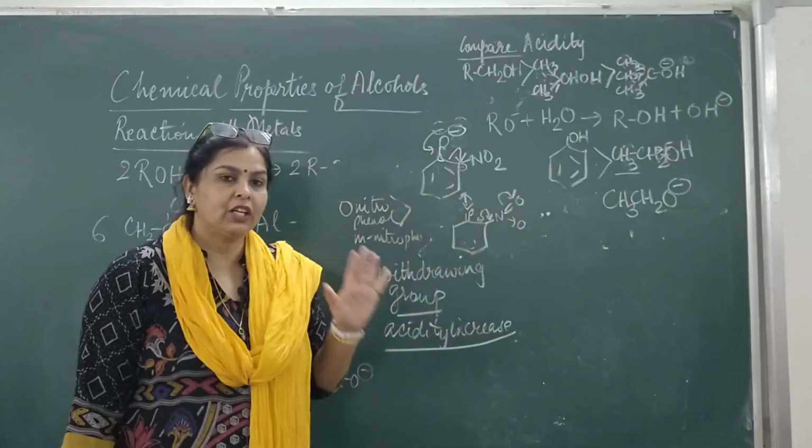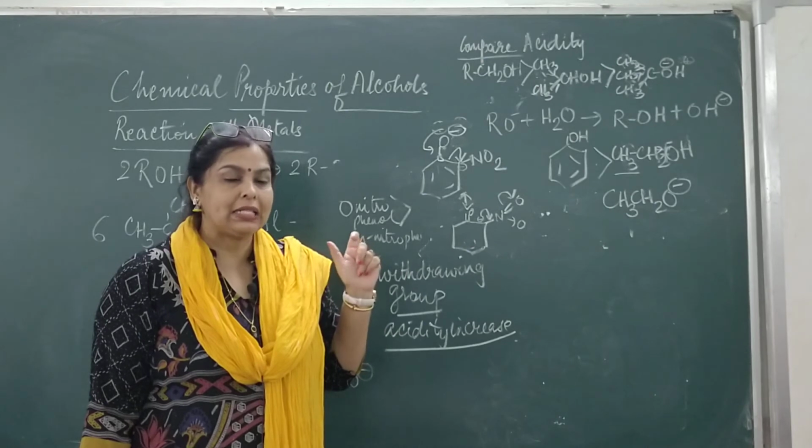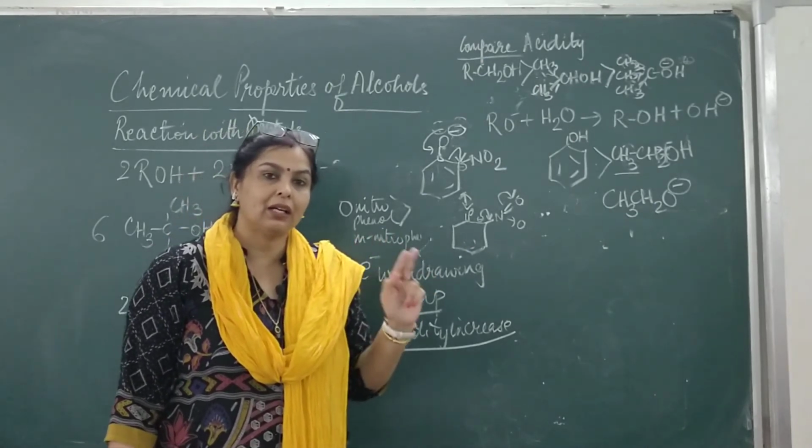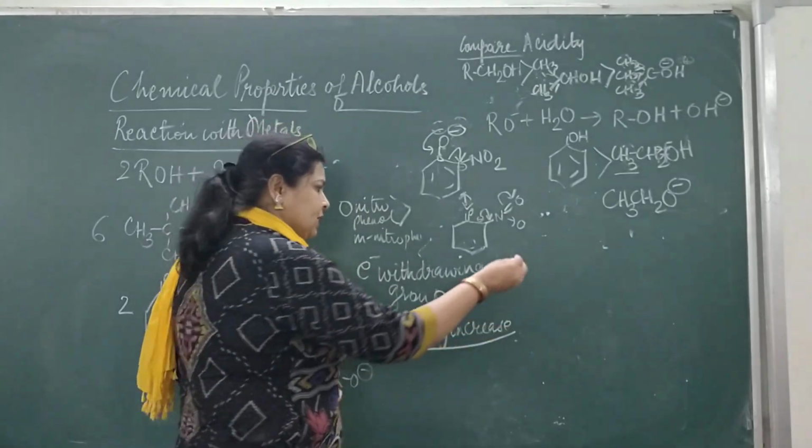Okay, so we understood 2 things. Phenol is more acidic than alcohol, and second thing is if I add an electron withdrawing group, the acidity increases.